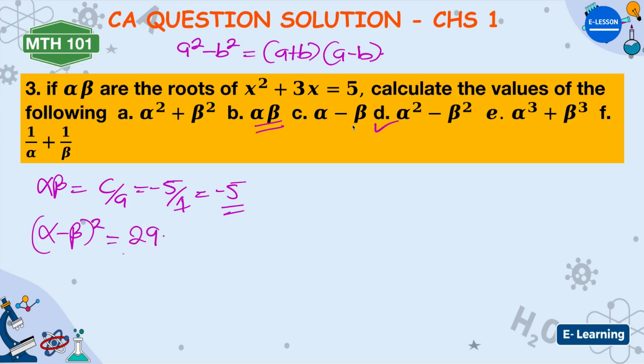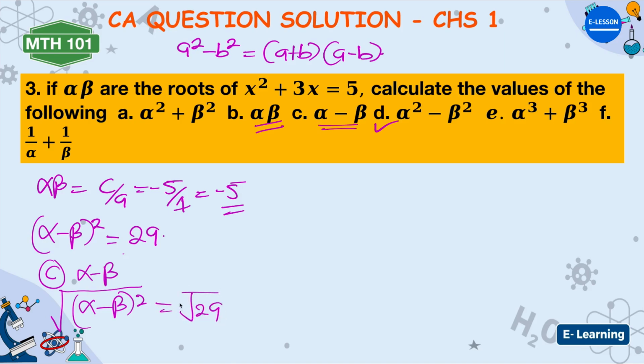But what we are actually looking for is what? C. C says alpha minus beta. What we just calculated was alpha minus beta square. So to get alpha minus beta, you just square root both sides. When you are square rooting a number, you put plus or minus so that the square will cancel, so that you can now have your alpha minus beta, which will give us plus or minus root 29.